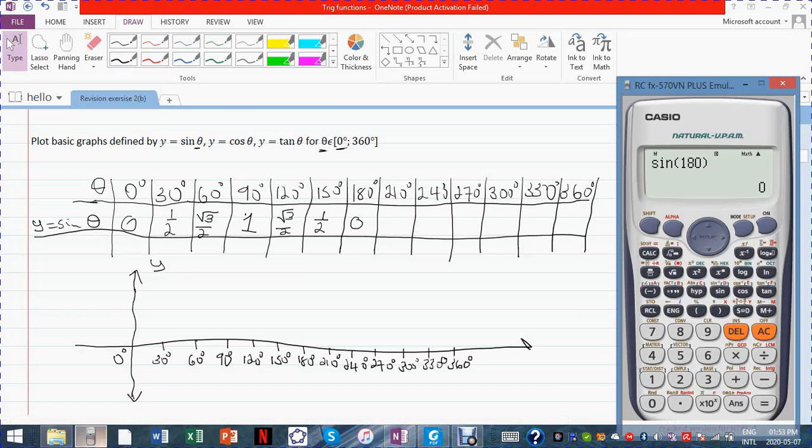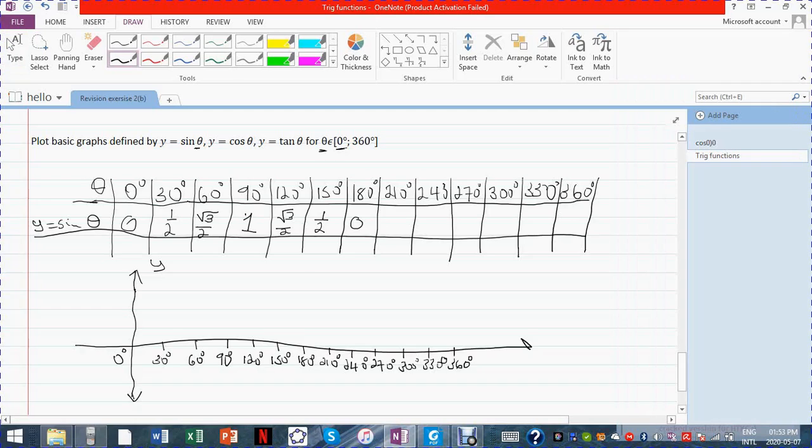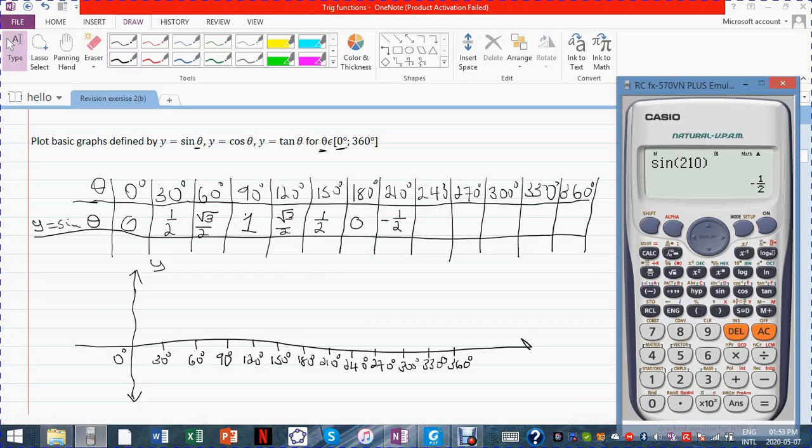And then after 180 we have 210. Sine of 210 is negative a half. And then sine of 240.